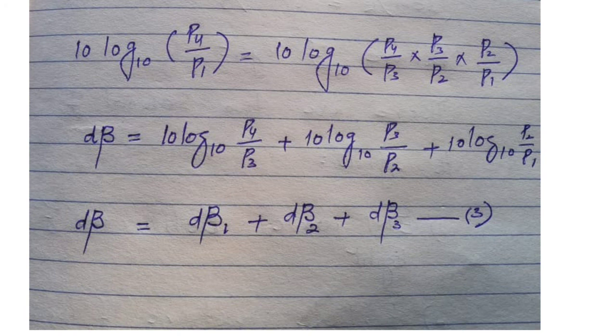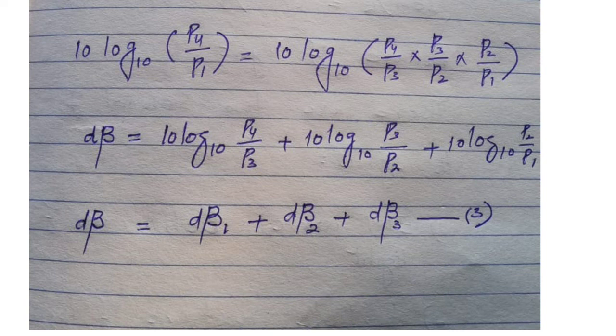The second term on the right hand side of the second last equation gives you the decibel value of the transmission efficiency of the second block, which is represented by dB2. And the third term on the right hand side of the second last equation gives you the decibel value of the transmission efficiency of block 3.